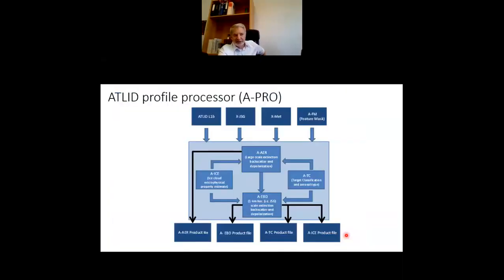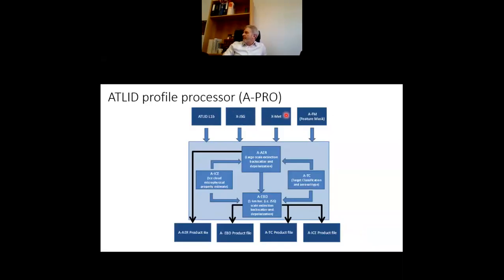So, yet another diagram. The processor has different components and actually different algorithms built into it. At the input, we have the level 1B, the XTSV, which tells us how to bin things to the joint standard grid.